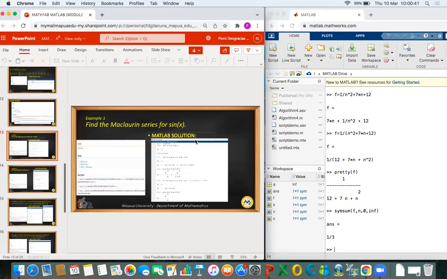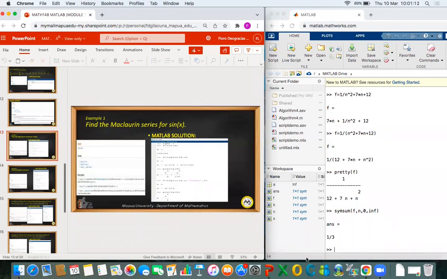Then you collect terms on those function values that will be the coefficients of your polynomial or series. So take note of the formula of Maclaurin series, as well as Taylor series. You present first your manual solution, then it's your option to present your MATLAB solution, class.